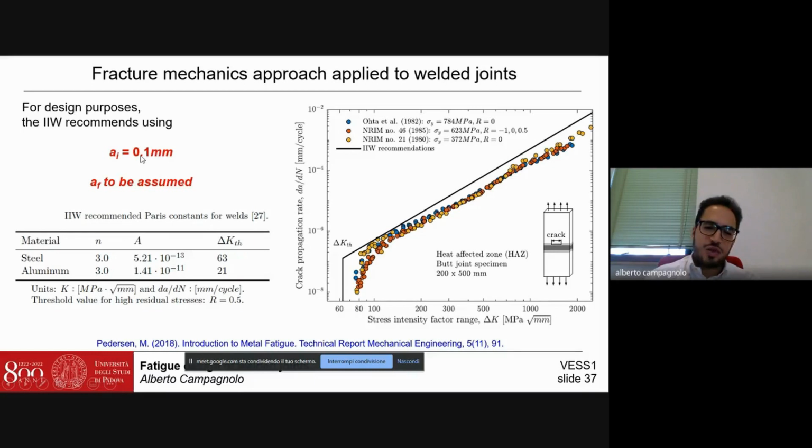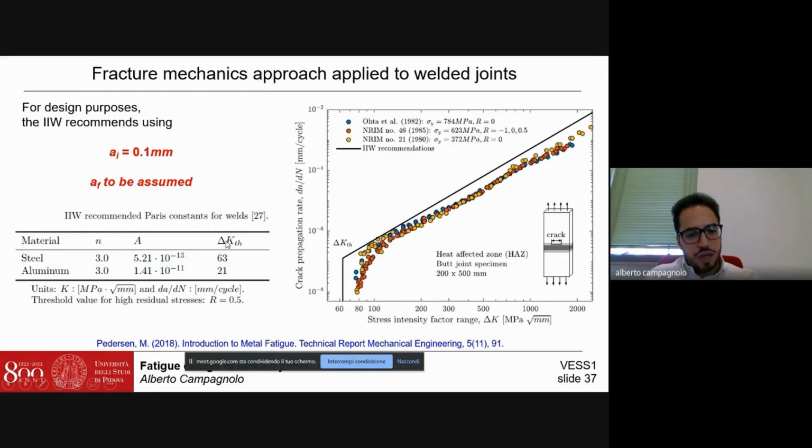So I suggest, if possible, to measure the initial crack depth on your welded structure and not to assume the value suggested by IIW. The final crack depth should be assumed, but it is not really important, since it has a negligible effect on the estimated fatigue life. Typically, IIW suggests to adopt half of the plate thickness or the total thickness of the joint for calculation of the residual life.